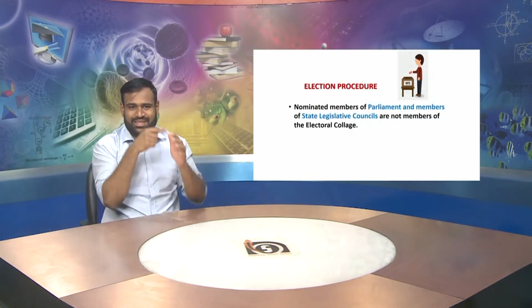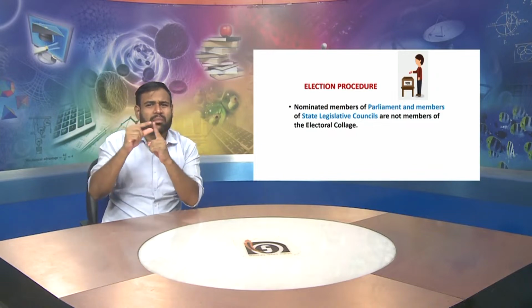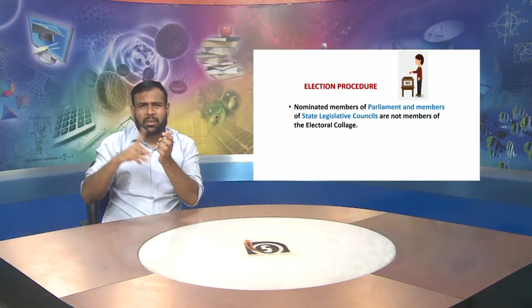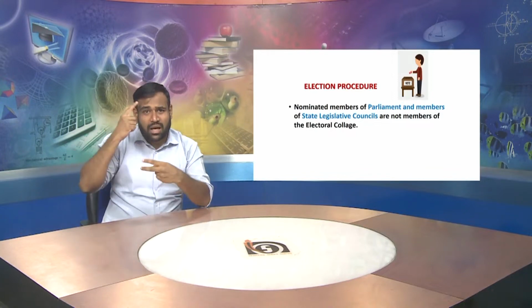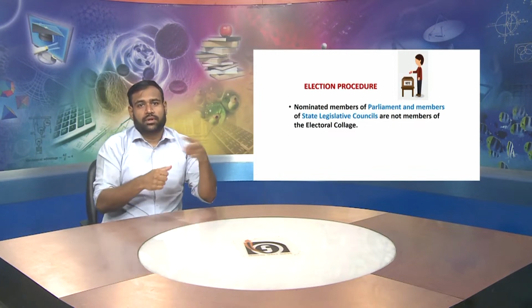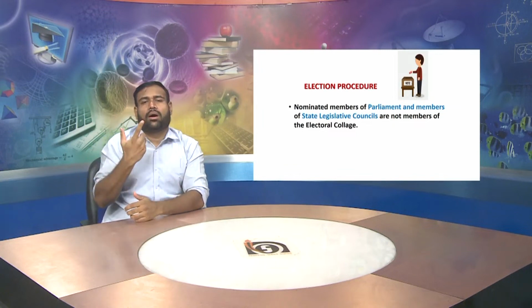The nominated members of the parliament and the members of state legislative councils are not the members of the electoral college. So this is something important which we should remember.